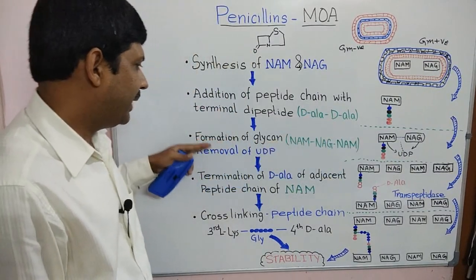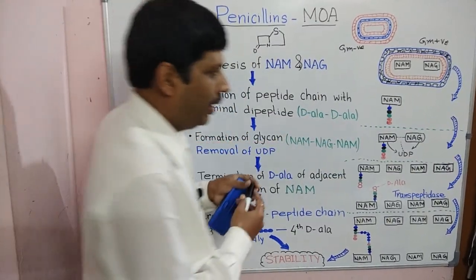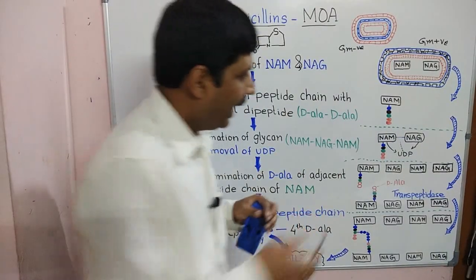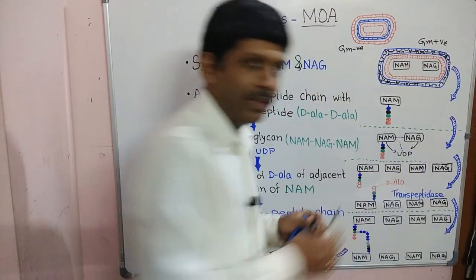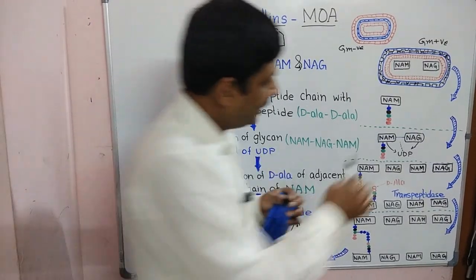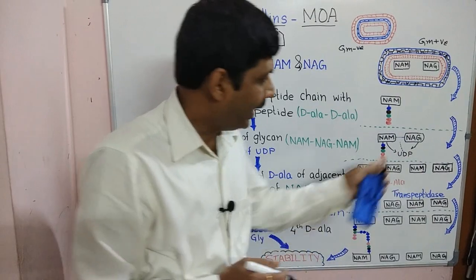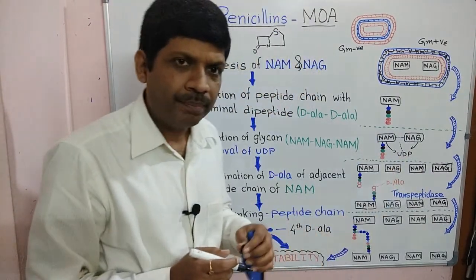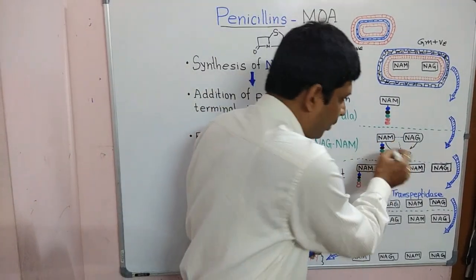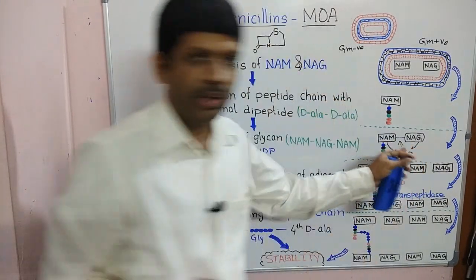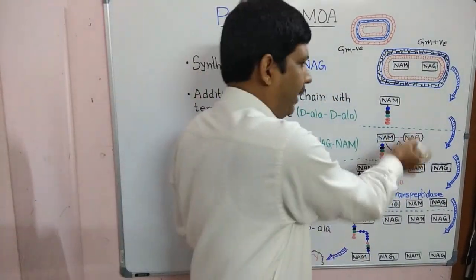Now there is a formation of glycan. NAM and NAG are synthesized separately, and then a linkage is formed. How does that happen? Initially, NAM is attached with UDP. UDP is broken down, and the energy released is utilized for formation of the linkage between NAM and NAG.